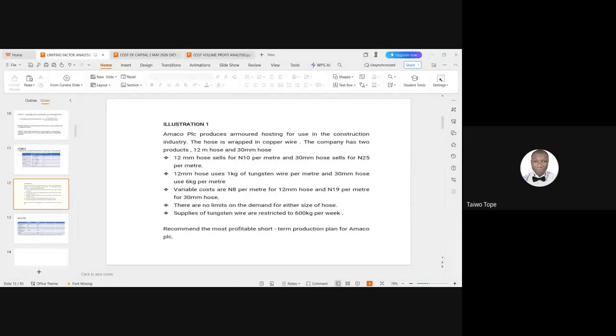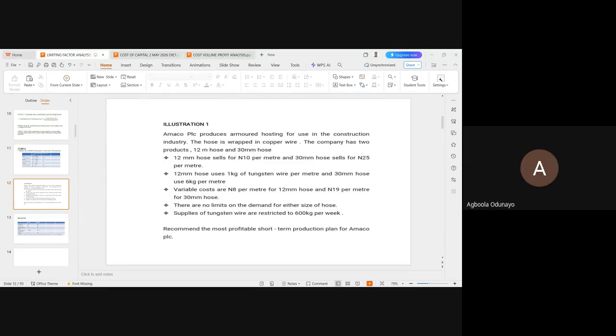But demand is limited. So in this question now, tungsten wire is the limiting factor. Since you've identified the limiting factor, what will be the next thing? Calculation of contribution per unit.